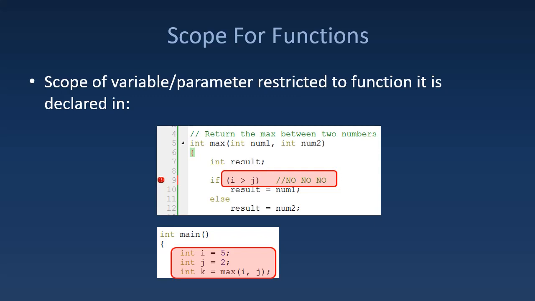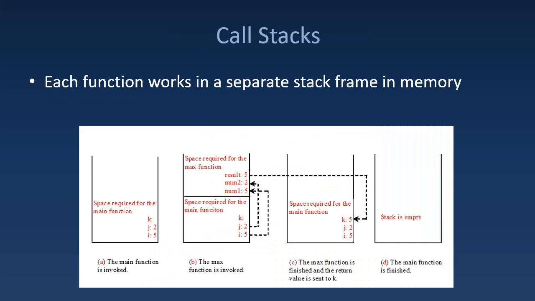So the process this works by is what's called a stack frame. We're going along, we're in main, and there's space on what's called the stack. That's the portion of memory that the compiler is using to manage our variables for us. And I have i and j and k.